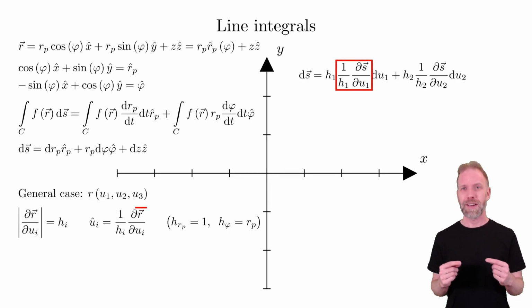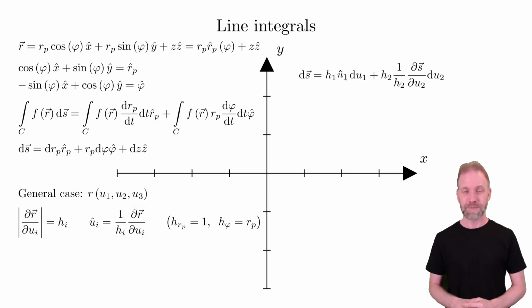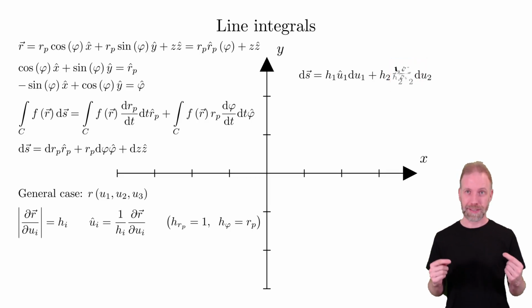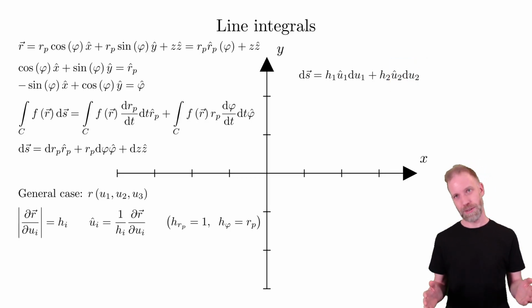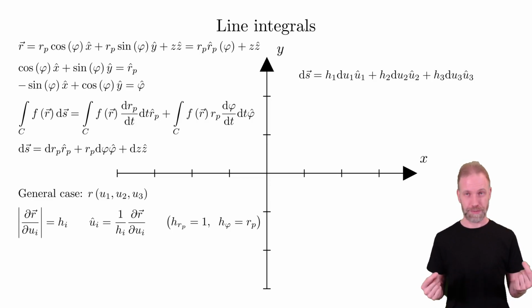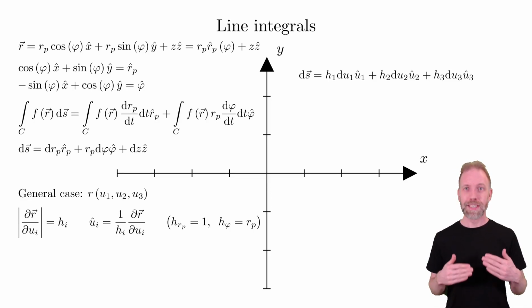Now we can replace 1 over h1 ds du1 with the unit vector u1 hat, and 1 over h2 ds du2 with the unit vector u2 hat, and place the unit vectors last. If we have 3 dimensions, add a similar term for u3. This is the general expression for the line element ds, which will work for any orthogonal coordinate system.